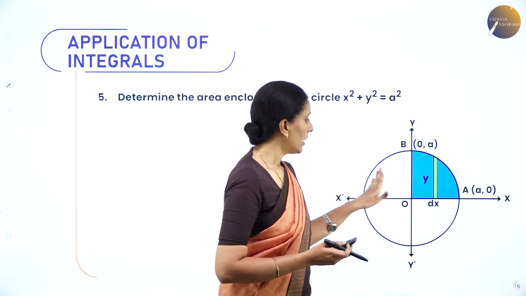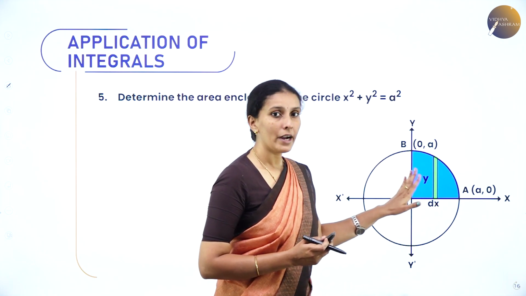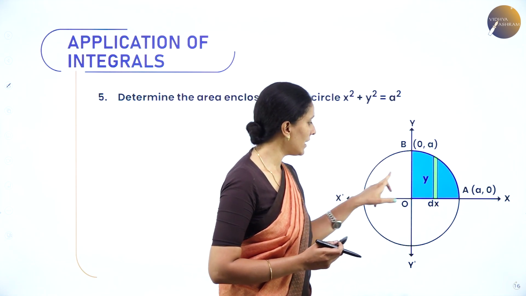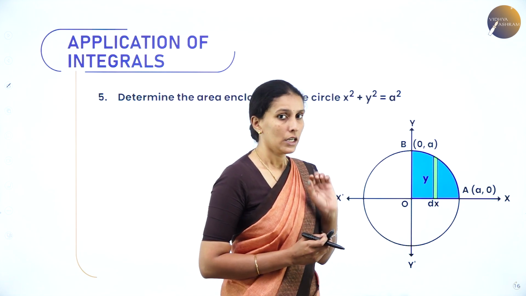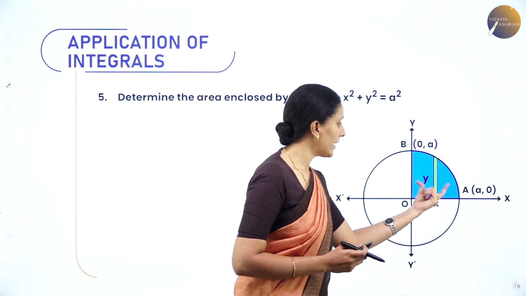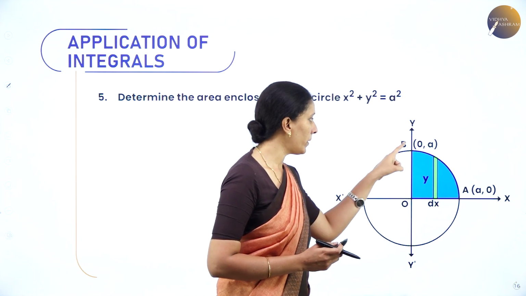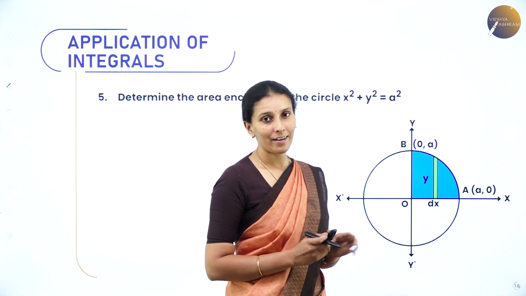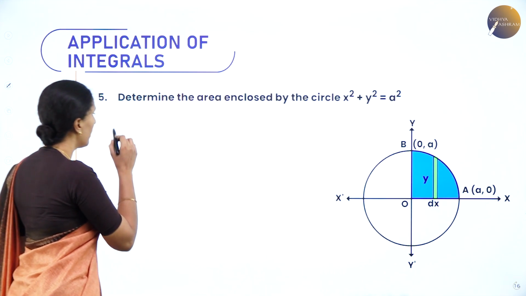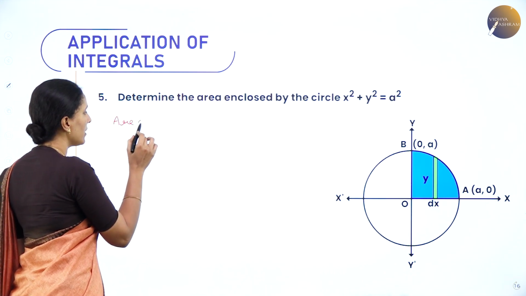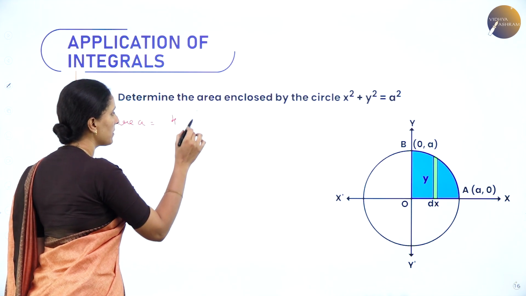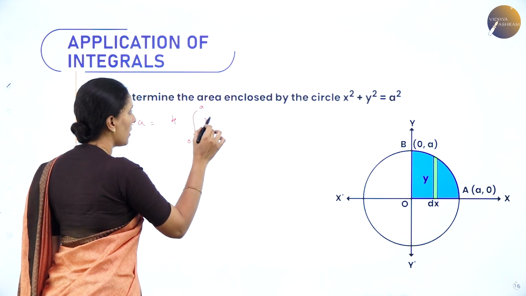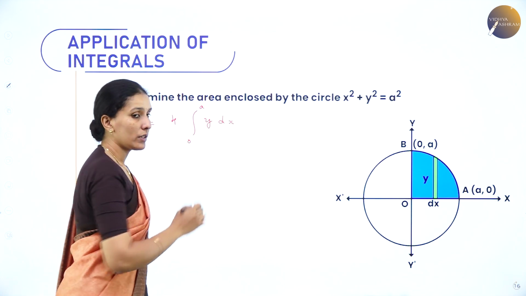Now again, the circle is equally divided into 4 quadrants which have equal area in all the 4 parts. So here also, if you find the area of this AOB and multiply it by 4, it will give you the entire area of the circle. So therefore, area is equal to 4 times the integral from 0 to a of y dx. But what is y here?